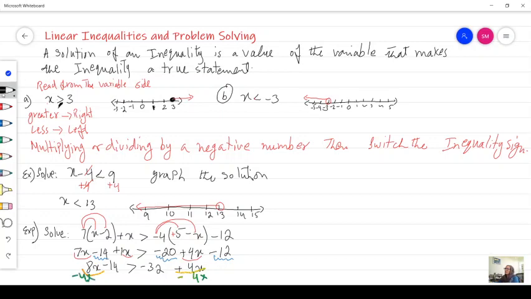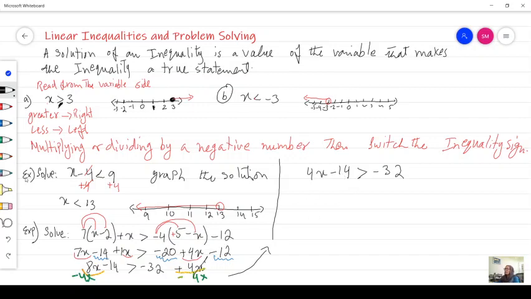So it will give me 8 subtract 4. They are like terms, so I can solve them, and 8 subtract 4 gives me 4x. Minus 14 is still there, and minus 32. And this one cancels out.